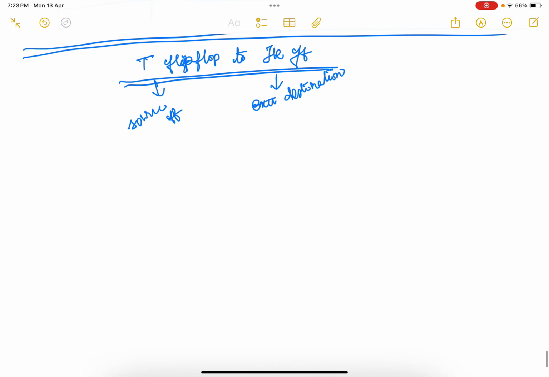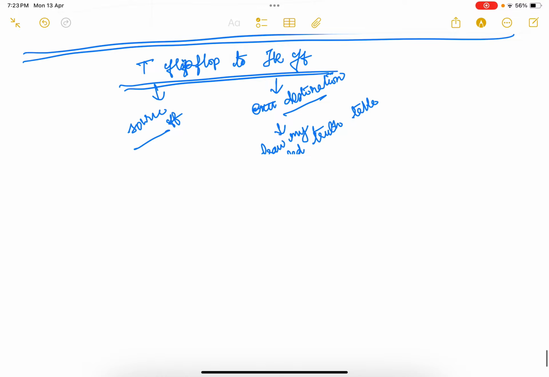So for the destination flip-flop, I want to draw my extended truth table, and for the source flip-flop, we want to draw the excitation table.